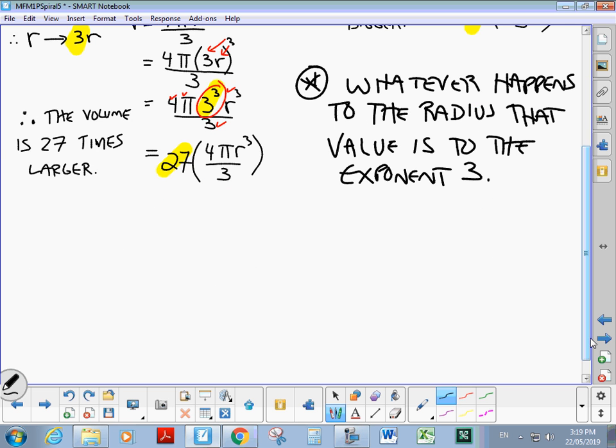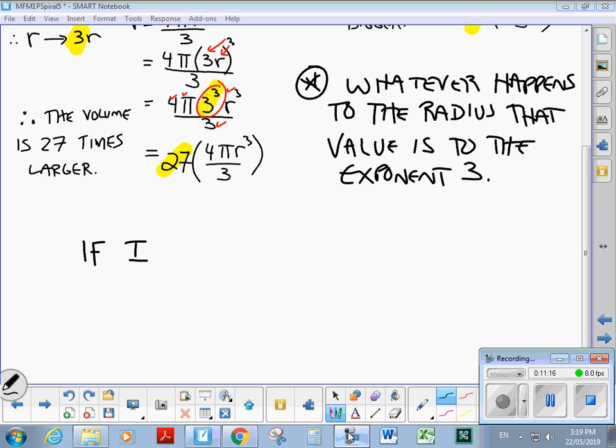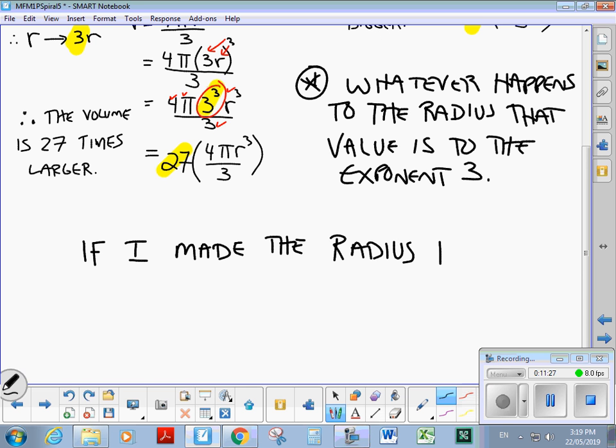Just as an extra, what happens if I made the radius 10 times bigger?